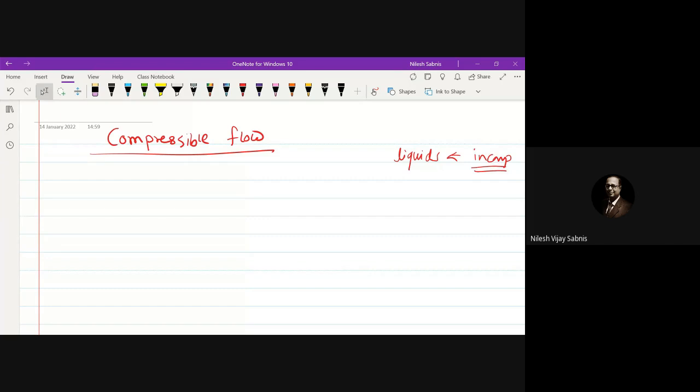All gases, like flow of gases through an orifice, flow of gases through nozzles, flow of gases in machines like compressors, gas turbines, or an aeroplane flying at high altitude with high velocity, the density of the fluid changes during the flow. The change in density of a fluid is nothing but a change in pressure and temperature.